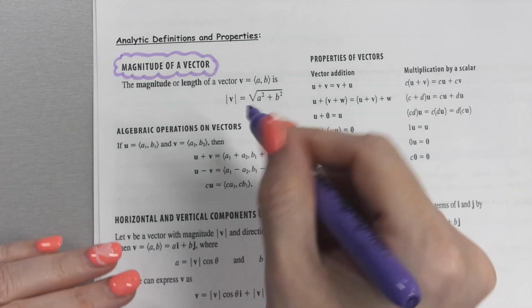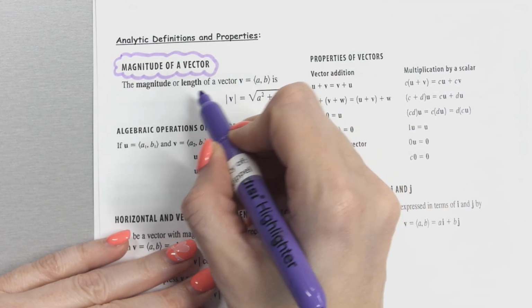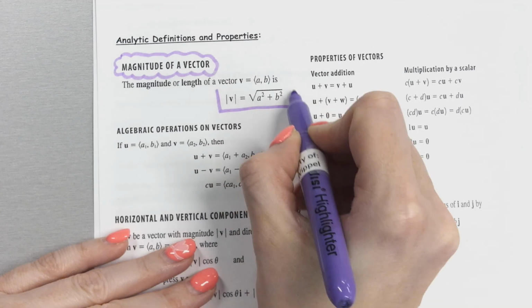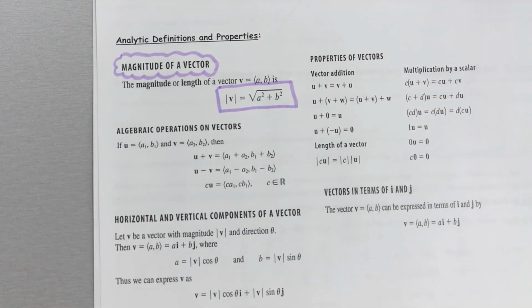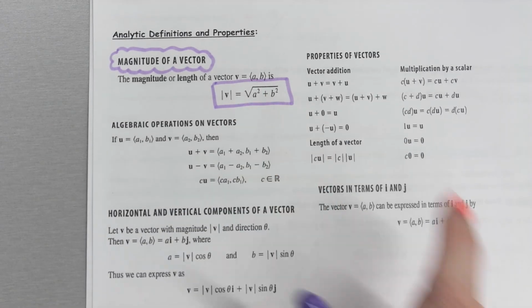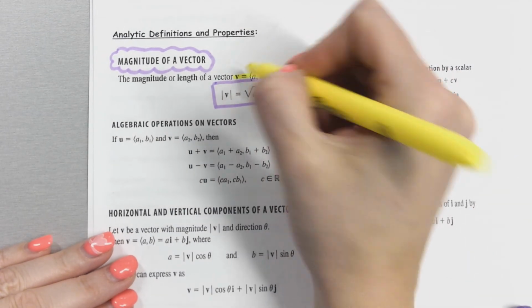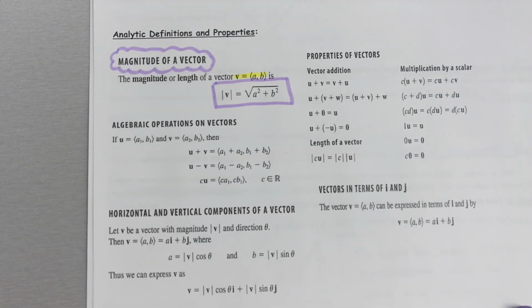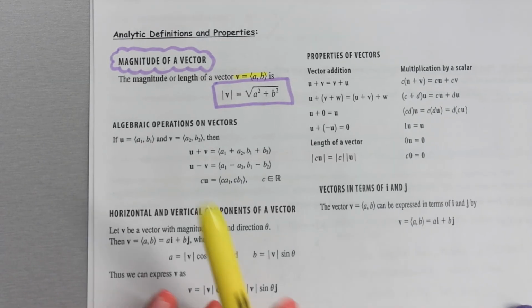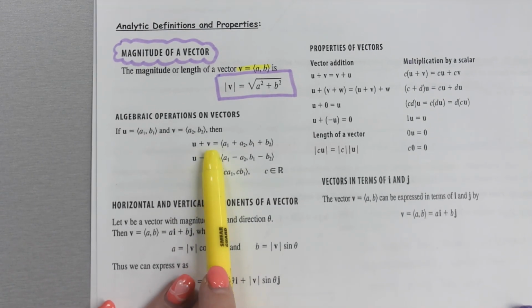Okay, and again, look at how this relates to our last section. The magnitude of a vector is the square root of a squared plus b squared. Okay, that's when you have the vector AB. And then when they talk about the operations, like I said, this is intuitive, right?